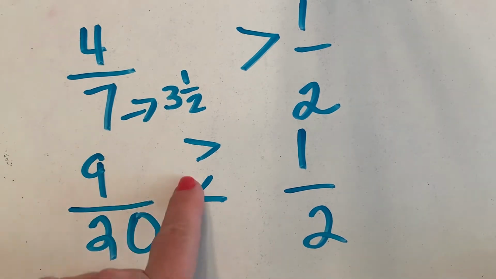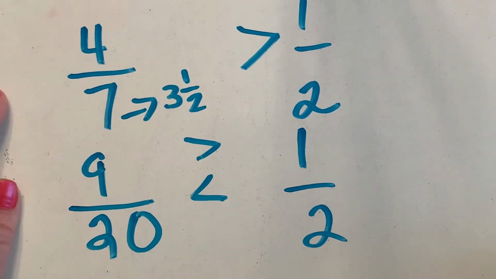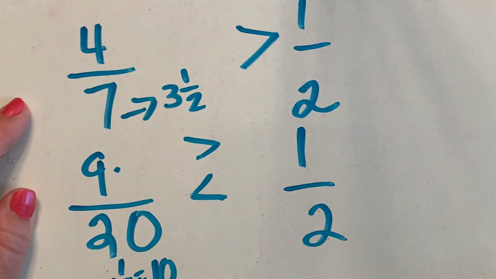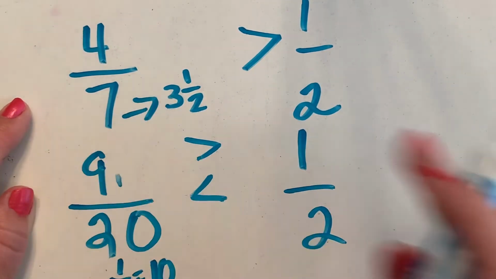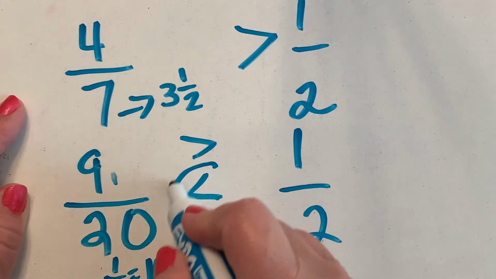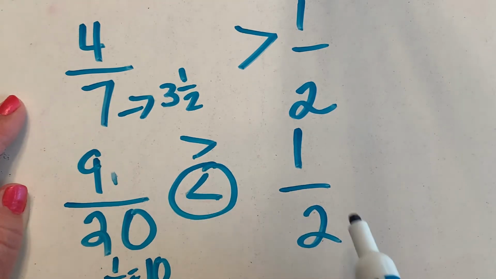But is this going to be larger than a half or smaller than a half? What's half of 20? Yes, 10. Now look up here at 9. Is 9 smaller than 10 or larger than 10? Yes, it's smaller. So 9/20 is less than a half.